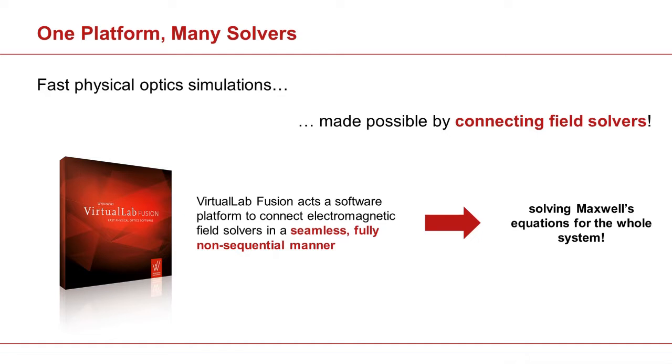What we do is we select different solvers for each of those different components, and then we bring them together, we connect them in a seamless, non-sequential way to, in effect, provide a Maxwell solver for the whole system.